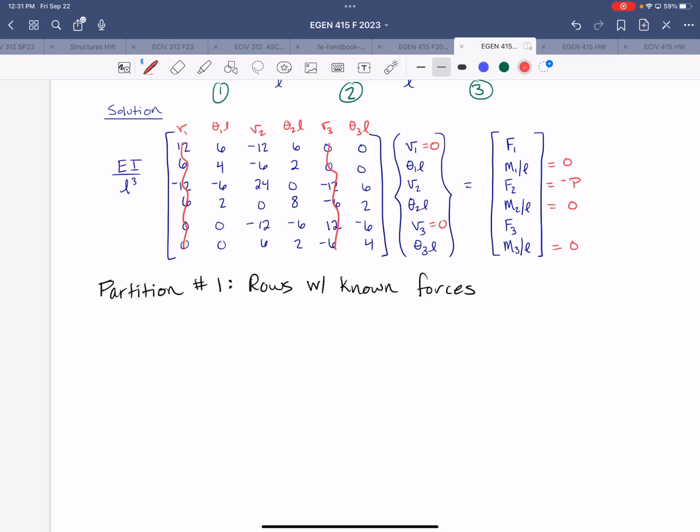So we'll have EI over L cubed out front. And then in the first column, 4, negative 6, 2, and 0. To help with this, I'm just going to highlight the rows that we're using.